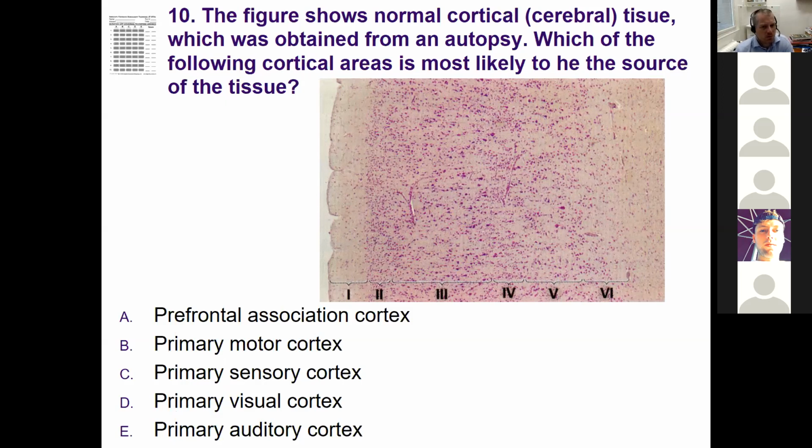And I believe this could be the most difficult problem for you, because the structure of the human brain cortex is very complicated, and various regions of the brain have various cytoarchitectonics, diverse proportions of these 6 layers.